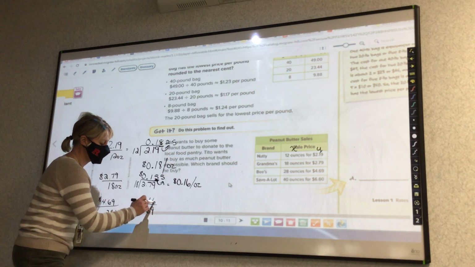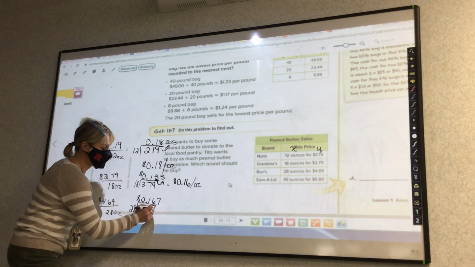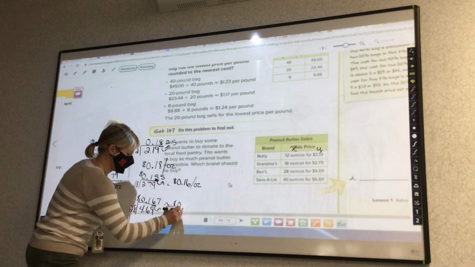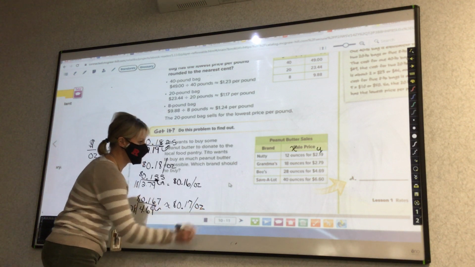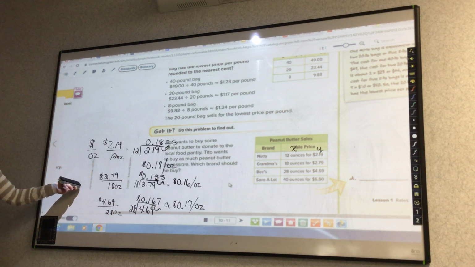I can be done with that, right? Yeah. Underline the 6, arrow to the right, so it's approximately 0.17. So 17 cents per ounce. So Grandma is still winning.